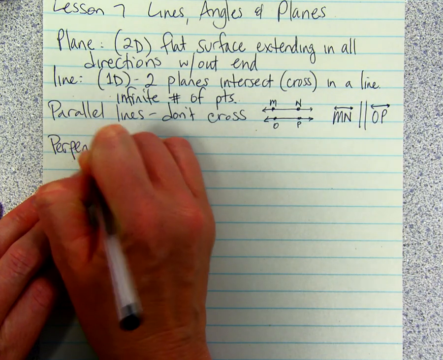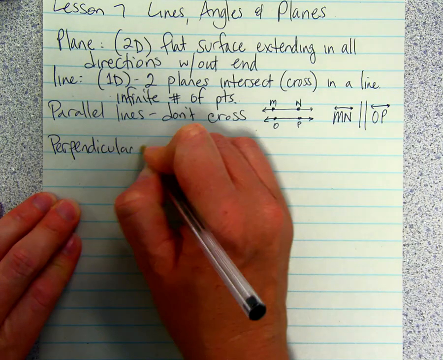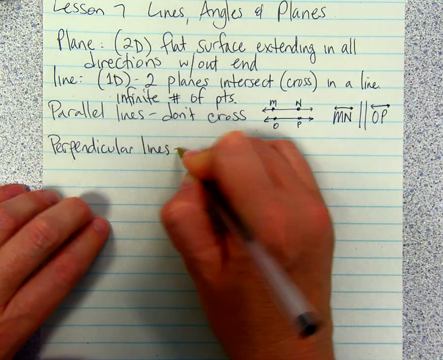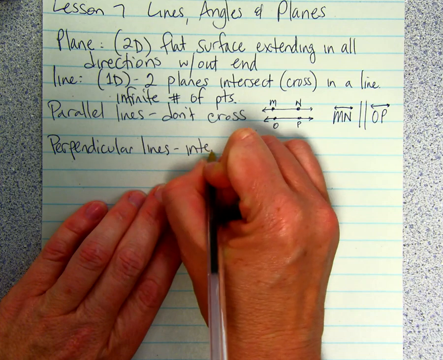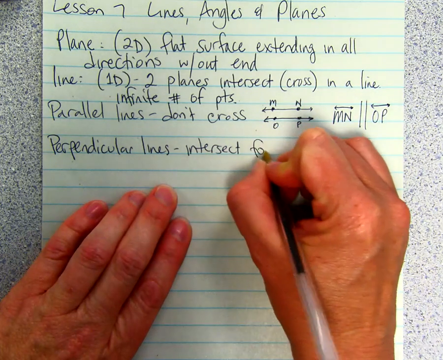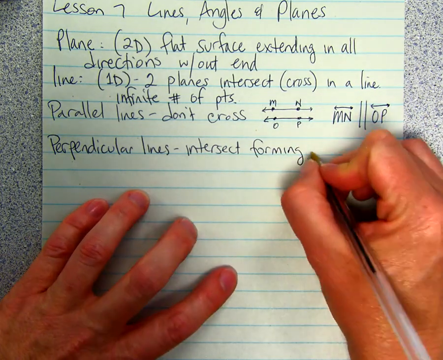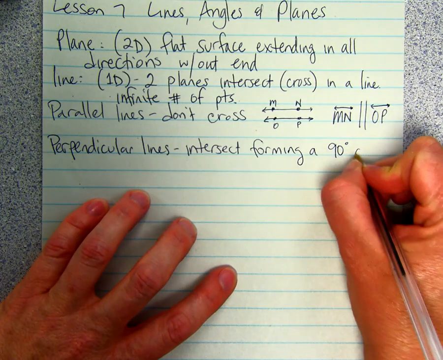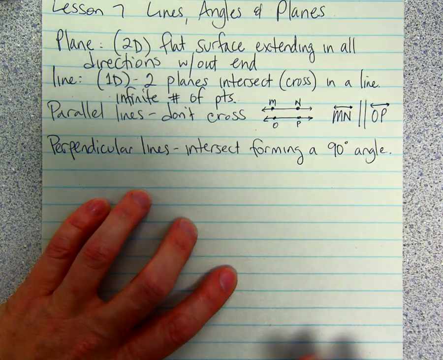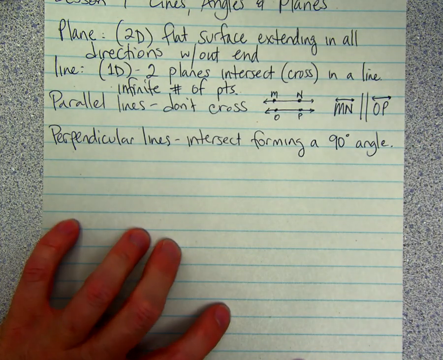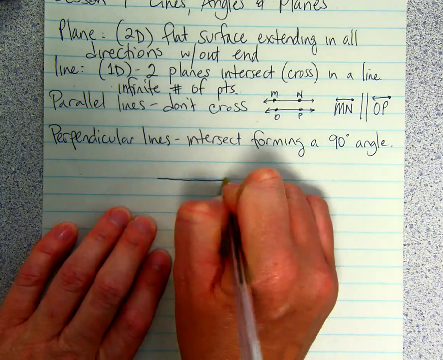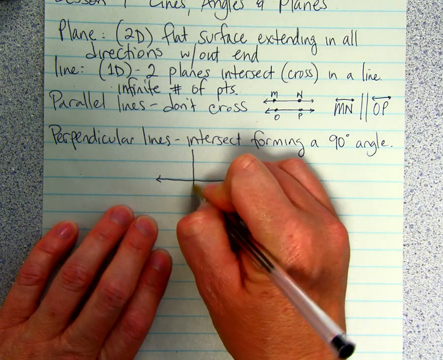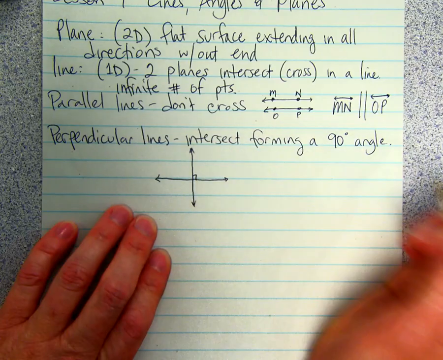Perpendicular lines, they intersect, forming a 90-degree angle. So we're going to draw two lines that form a 90-degree angle.